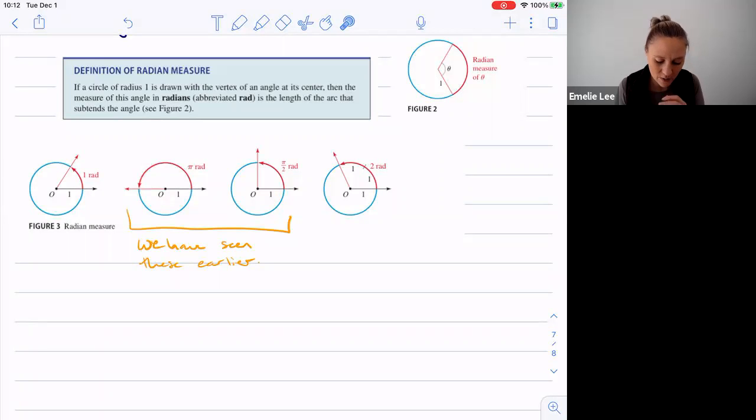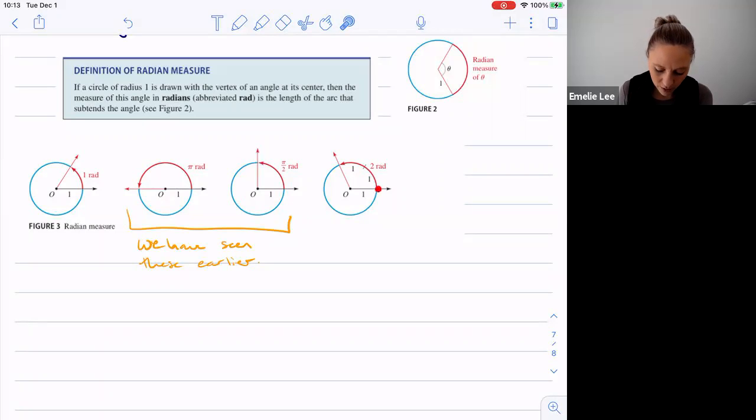So we've seen these and we know where we end up if we go pi over 2 radians. Well, I know that that's a quarter of my unit circle. Things I don't know are things like 2 radians. Well, pi over 2, if you convert it to a number, you can still convert it to a number because pi is a number. Pi divided by 2 is actually 1.57. Okay, so then here we've gone 1.570796 radians.